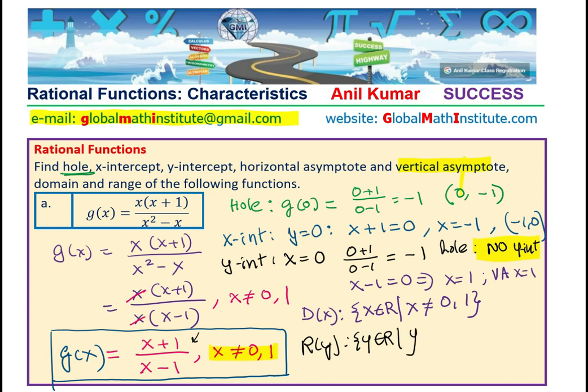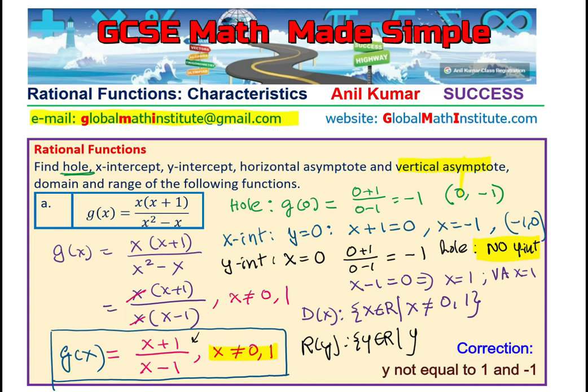However, this graph does not cross the horizontal asymptote, which in this particular case is going to be 1. So y is not equal to 1 and minus 1. Minus 1 is because of the hole.